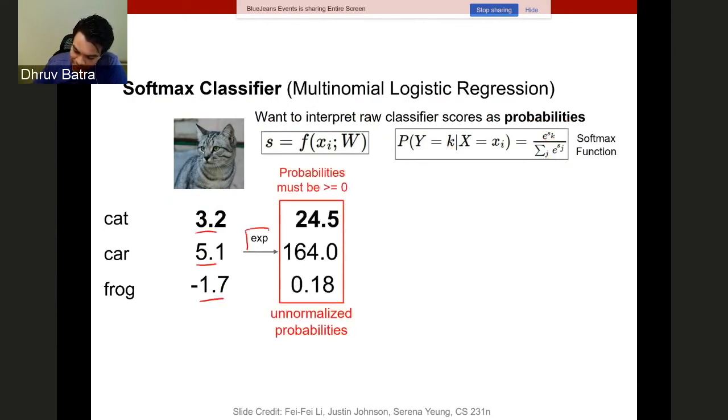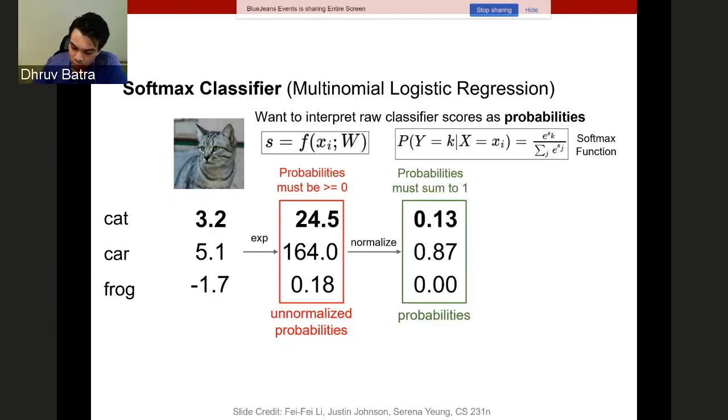I'm going to exponentiate each of them: e to the 3.2, e to the 5.1, e to the negative 1.7, and that gives me these numbers. These are unnormalized probabilities. They're all positive because they've been exponentiated, but they do not sum to 1. And so we're just going to project them onto the simplex by summing them up and dividing by the sum, and that's going to give us these numbers.